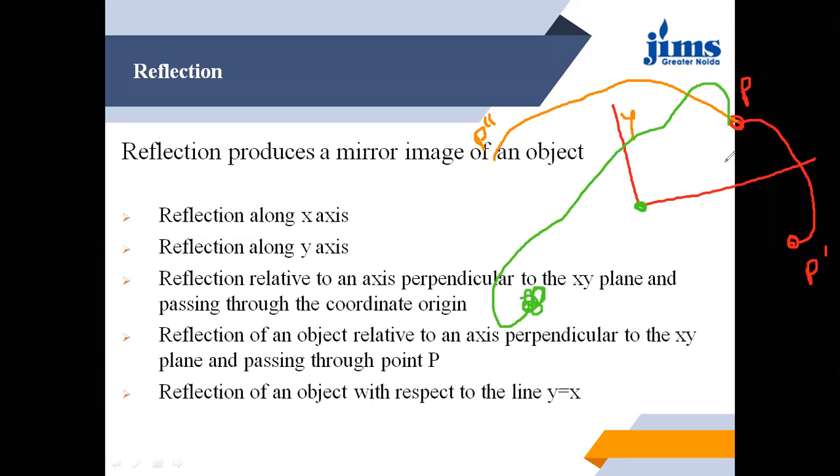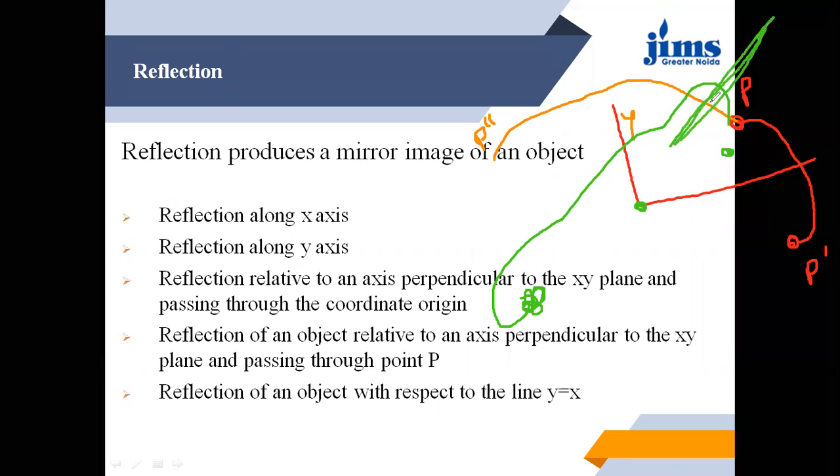I can reflect with respect to a point. I can reflect with respect to a line. For example, I want to reflect this object with respect to this line.